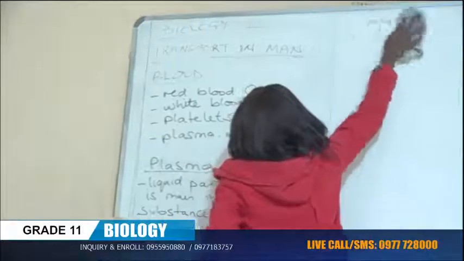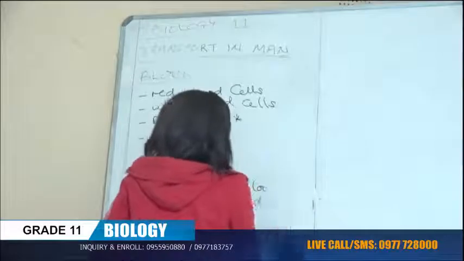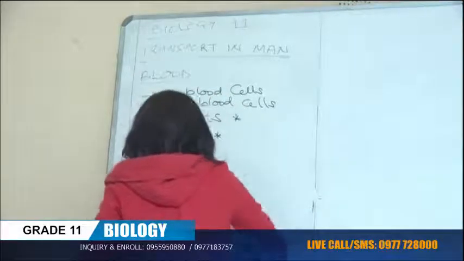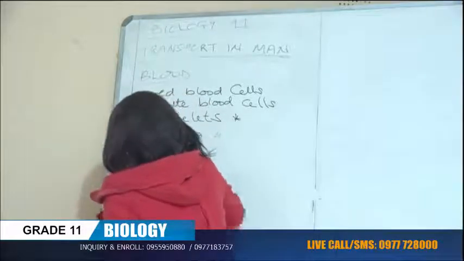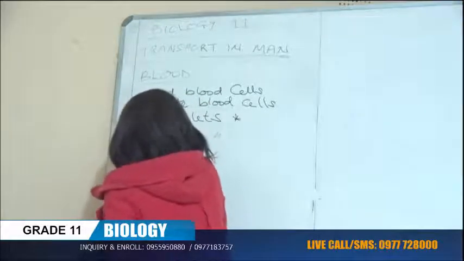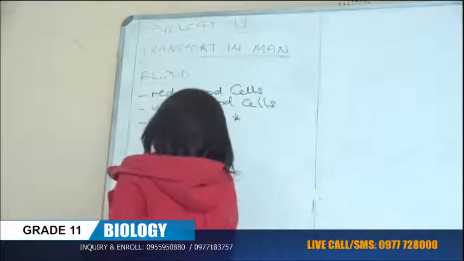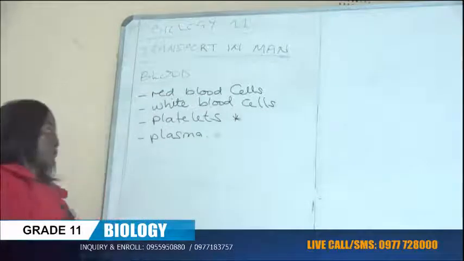So for today, the last thing we're going to do is just identify the functions of blood. Having looked at all the blood components, what are the functions of blood? Some of which we can even get from the functions of each component of blood or the characteristics of each component of blood. Some of those are also functions.